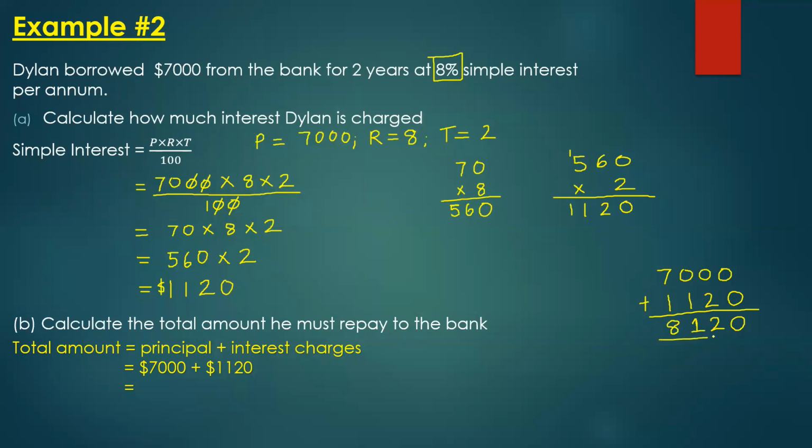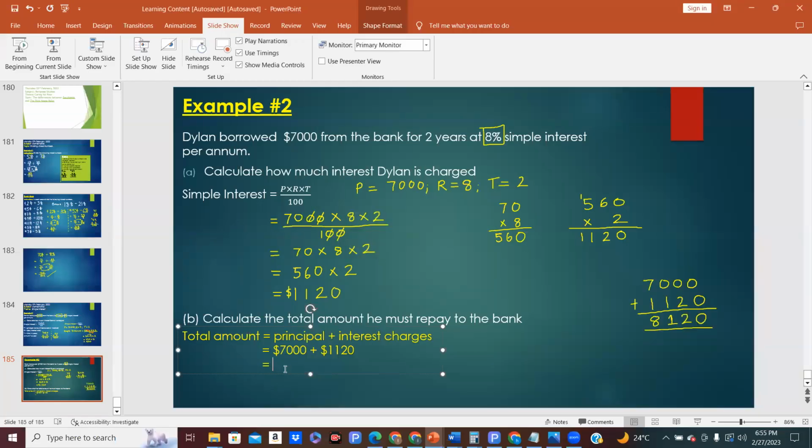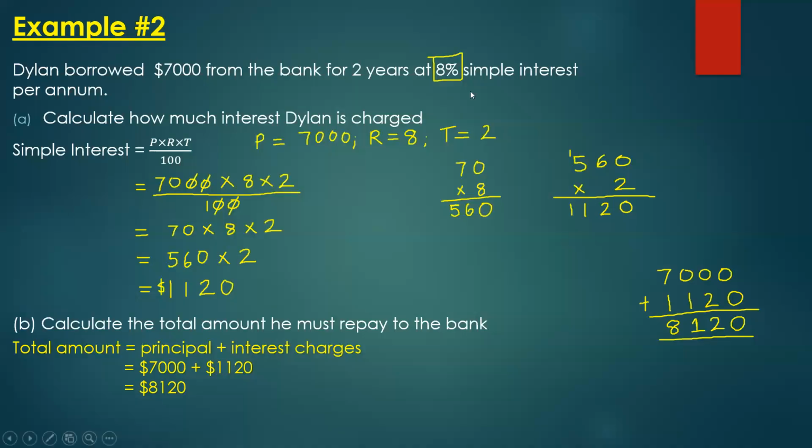So that's 8,120. So the total amount that he must give is 8,120. All right. Any questions on this? Any questions? Let me know.